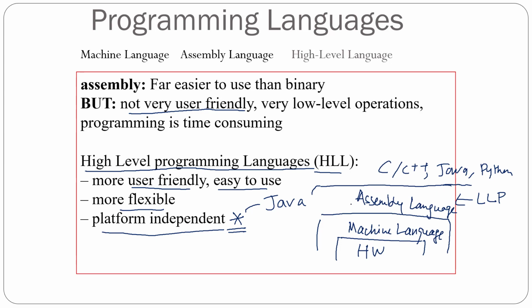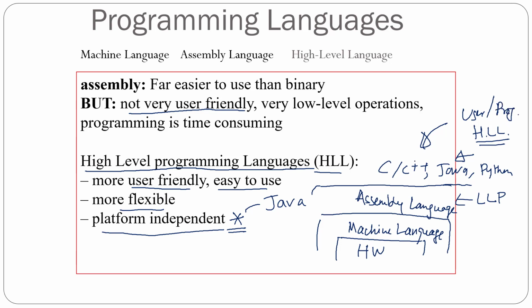All these languages are kind of away from the hardware. At this level, languages like C, C++, Java, and Python are called high level languages, HLL, high level programming languages. And here is the user, or the programmer that is programming.